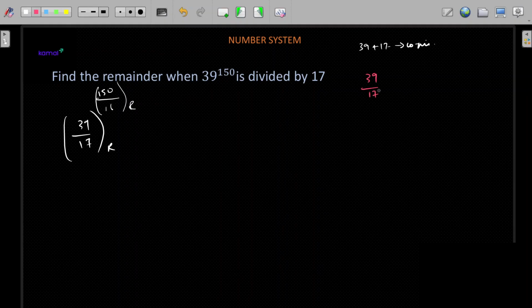39 by 17. The highest multiple of 17 which is less than 39 is 34. 39 minus 34 is nothing but 5. So eventually my remainder is 5. And then 150 by 16. What will be my remainder? Sorry, it is 16, right?